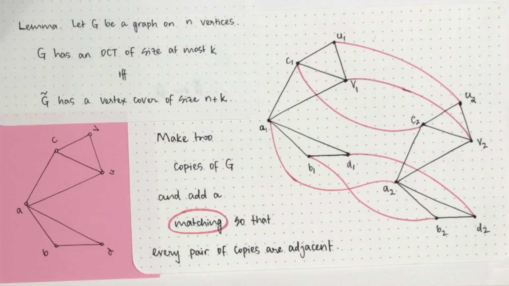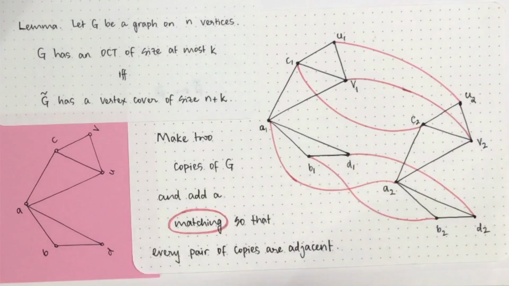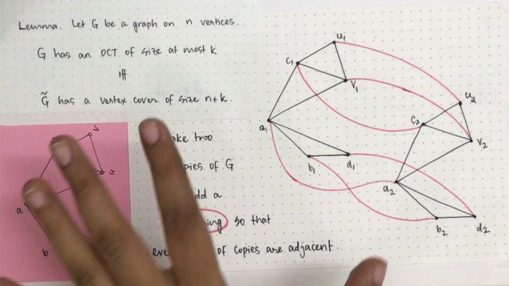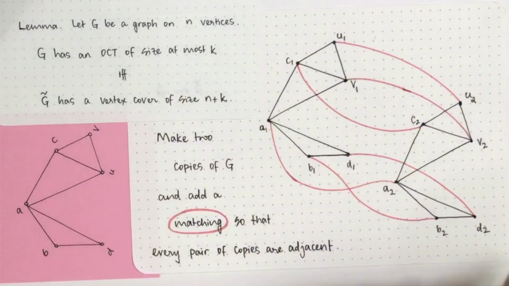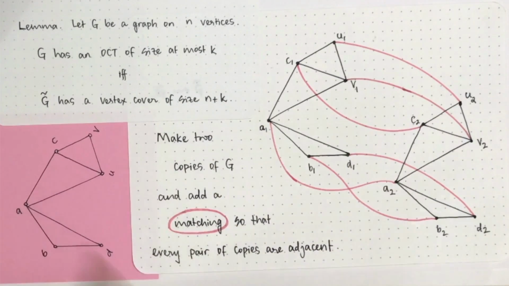If we can show this, then notice that we already have a 4 to the k algorithm for OCT. And how is that? Well, notice that n is the size of a maximum matching in this graph. So if you were to parameterize this vertex cover instance by the above guarantee parameterization that we started with, which is k minus the size of a maximum matching, then notice that k minus the size of a maximum matching really amounts to the k that we have here for OCT, right?